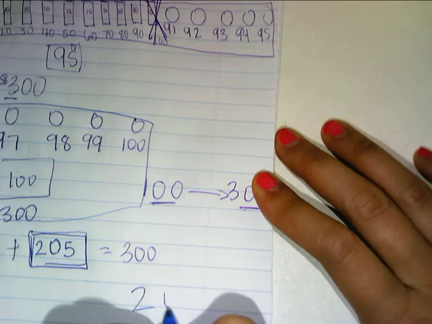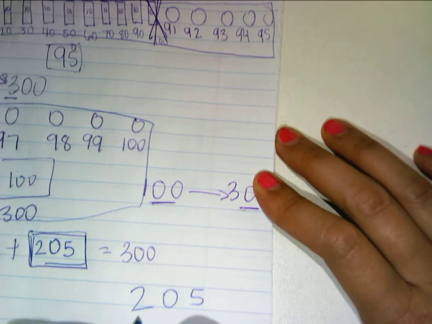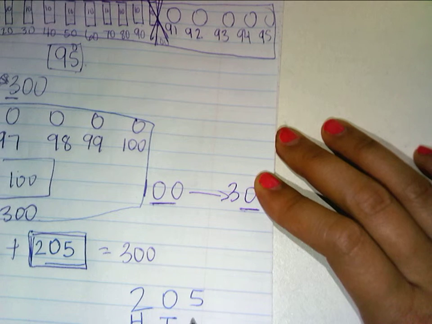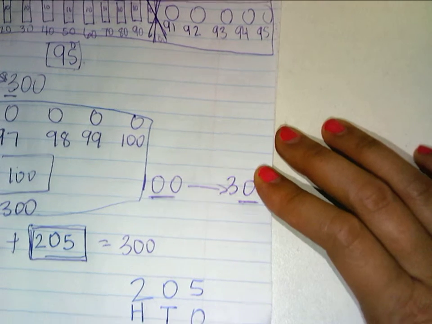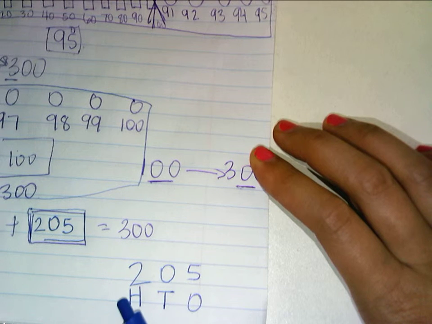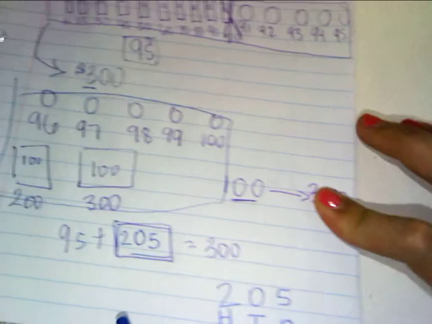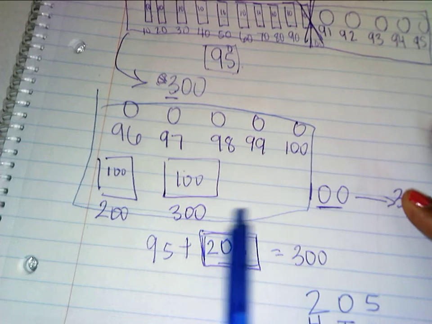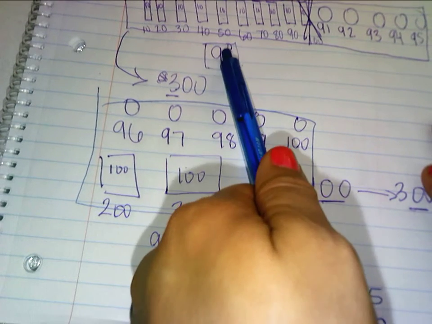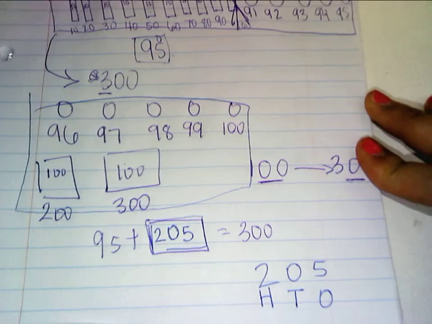Let me show you that number out here. It's 2 groups in the hundreds, 0 tens, and 5 ones. Okay? So this is the missing part, because that's how many, again, reminder, you needed to get from 95 to 300. Okay?